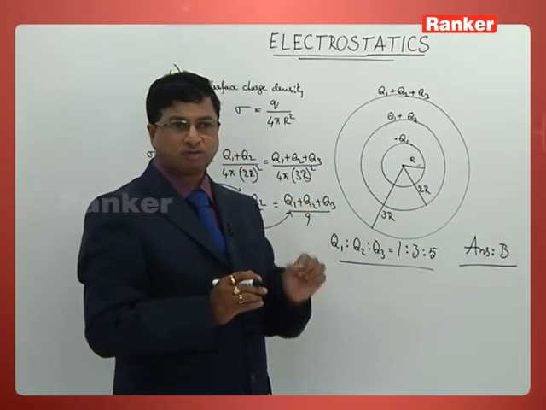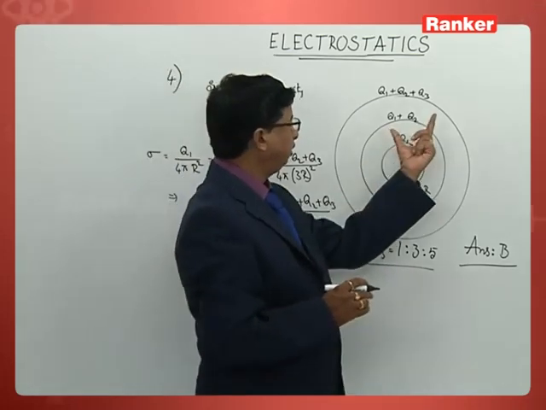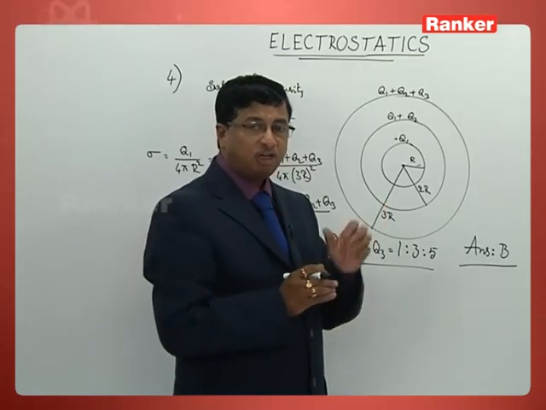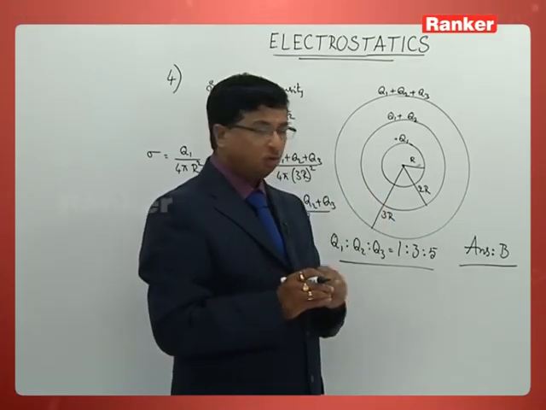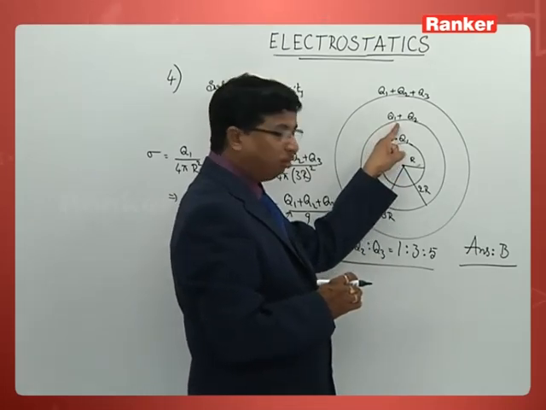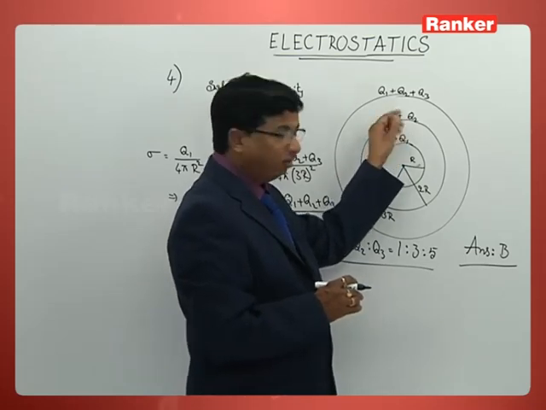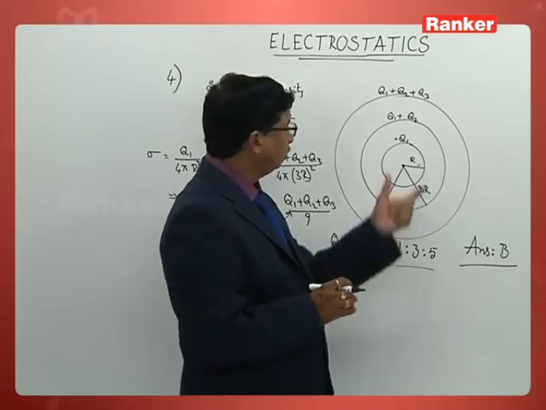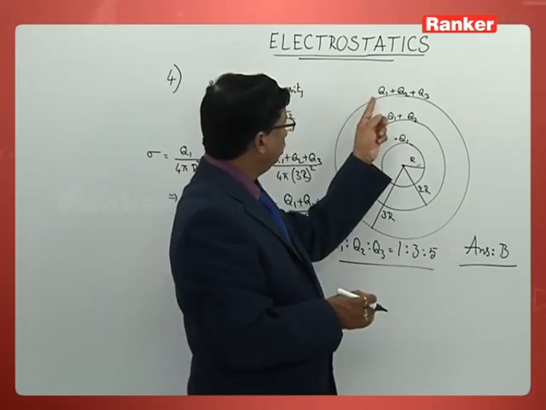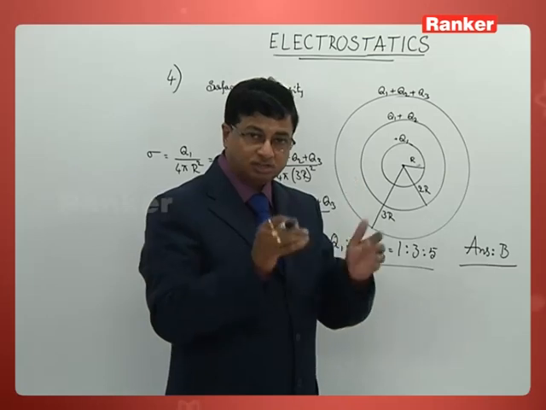Only thing you should understand from this model is the moment there are concentric shells, induction takes place. Due to charge induction, this is plus Q1, this side it will be minus Q1, this side it will be plus Q1 again. In that induction process, Q1 plus Q2 will be the total charge on the second shell, Q1 plus Q2 plus Q3 will be the total charge over the surface of the third shell.